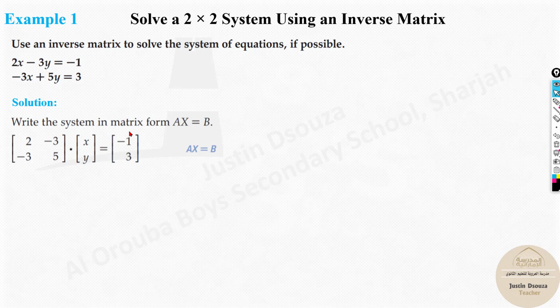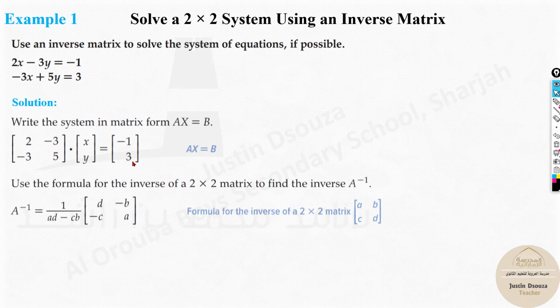Then the constants. Now we cannot just take A to the other side. What we do is find the inverse of the matrix A. We have done inverse in detail in the last video, and then we multiply it with the constants, that is minus 1 and 3.